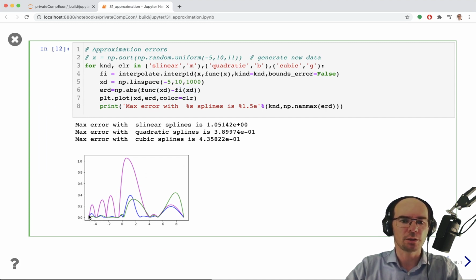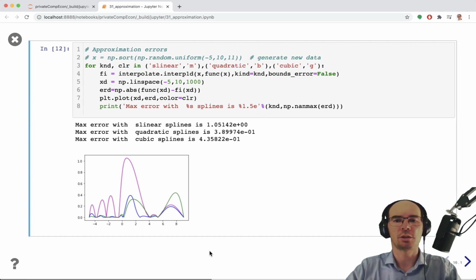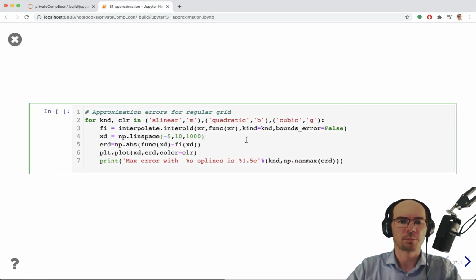So magenta is linear. The linear interpolation for this particular function is not performing very well, although at some intervals it's actually better than the cubic one, which is green. And the quadratic one is probably the best of both worlds, although it's kind of hard to tell whether it's a general solution or not.